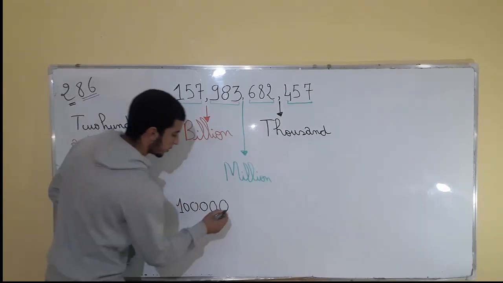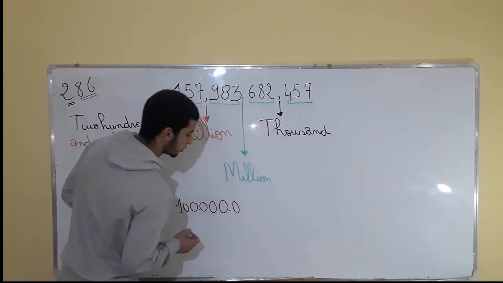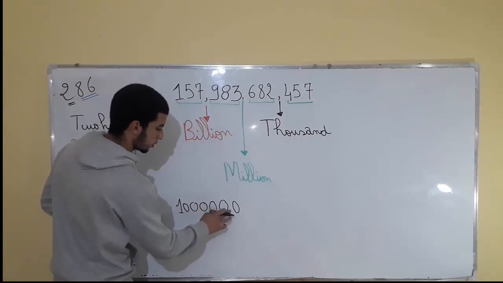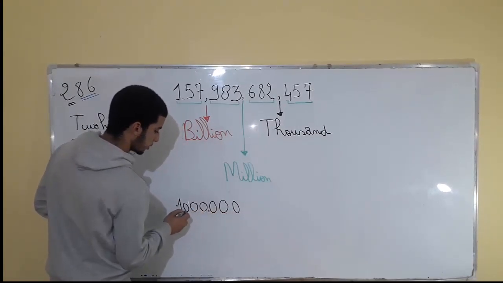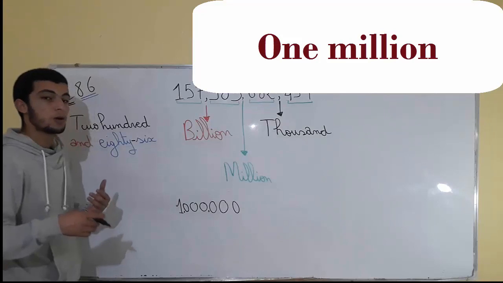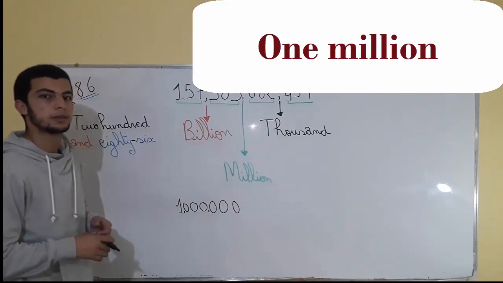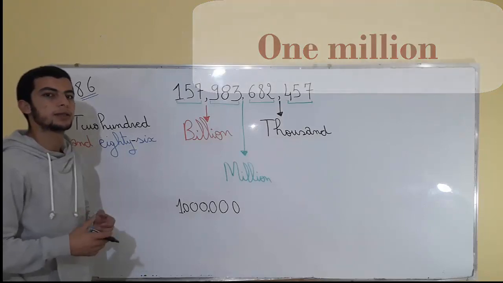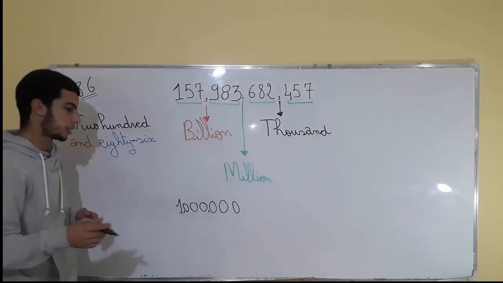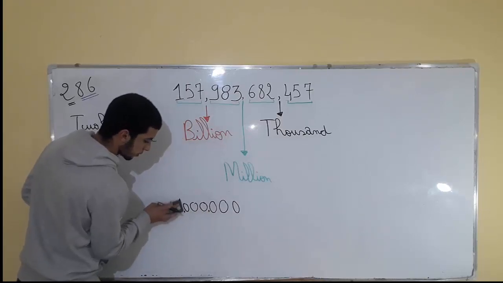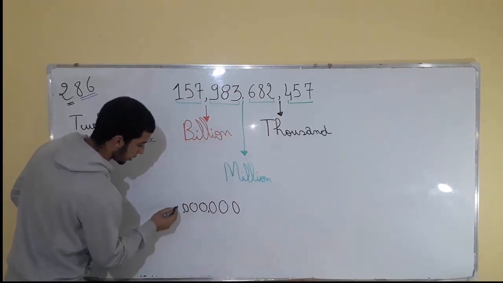What about if we add another 0? So it will be like this. 1 million. Great. So what about if we add another 0 here?